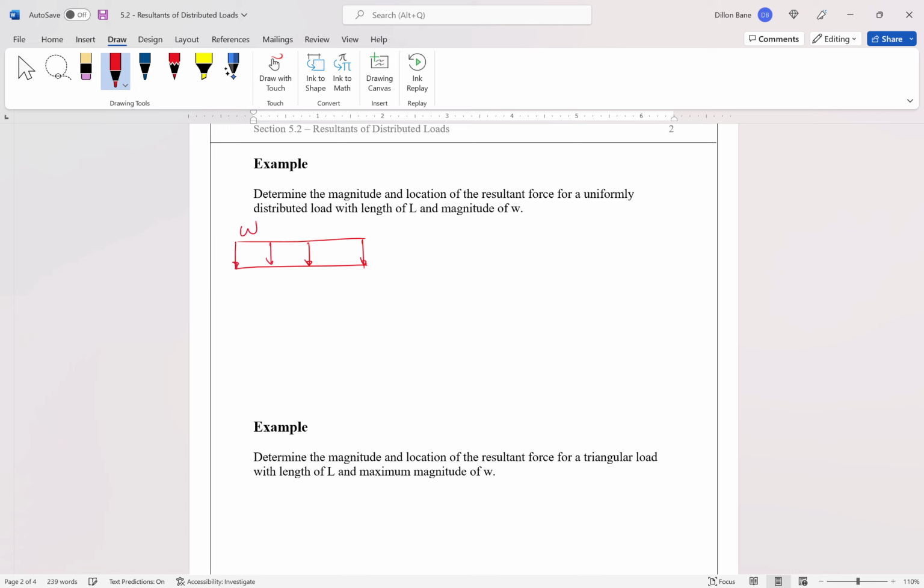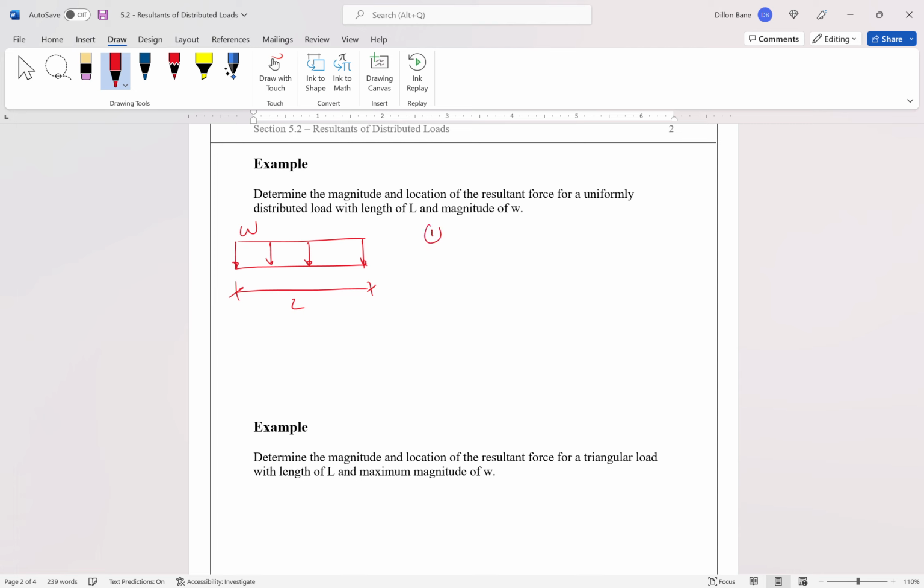It's got a magnitude of W, could be 5 kips per foot or 30 kilonewtons per meter, doesn't matter, right? And it has some length. The length of this load is some length L, okay? Let's replace this load with a single point load and figure out where that point load needs to be in order to have the same effect as this distributed load, right?